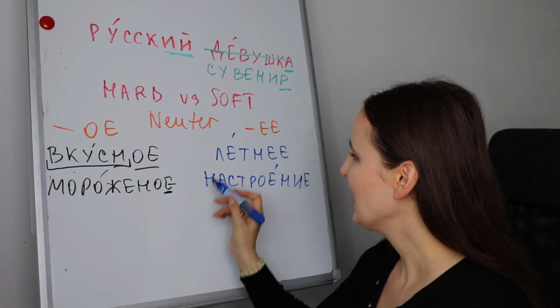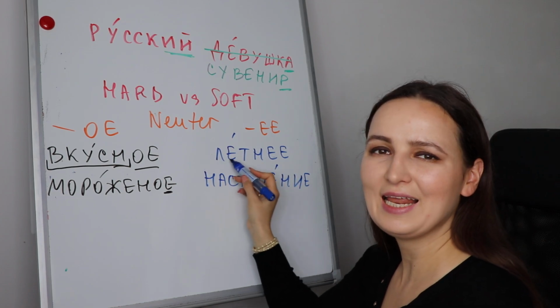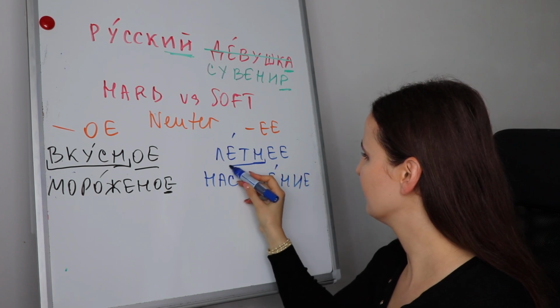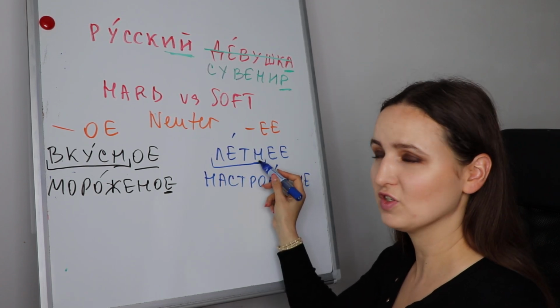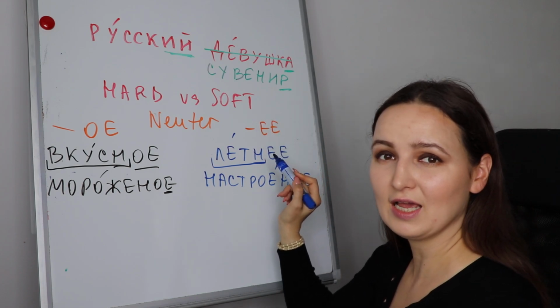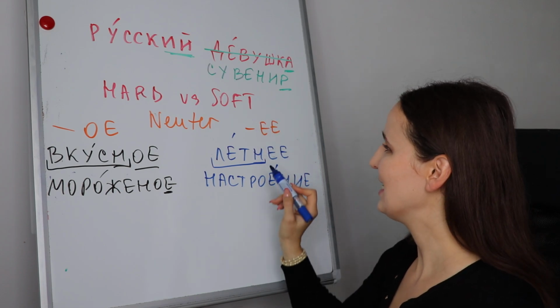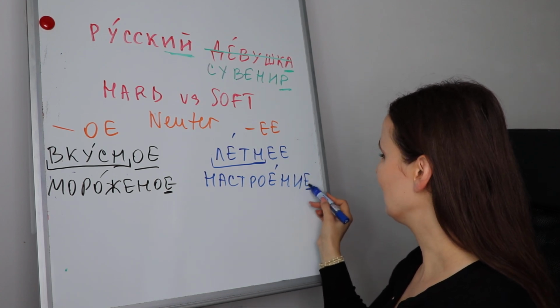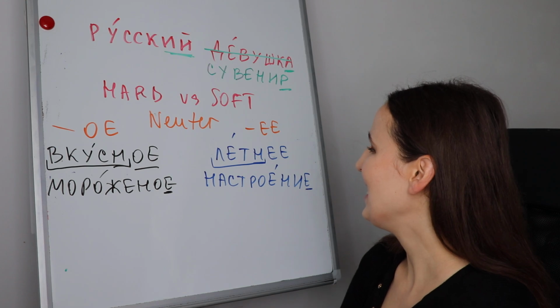Summer mood. Летний. And here is soft. We will have this ending for soft adjectives in neuter. Летнее настроение is neuter.